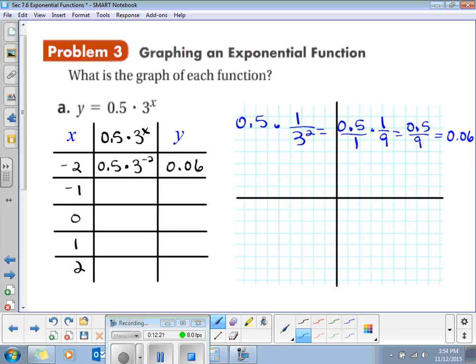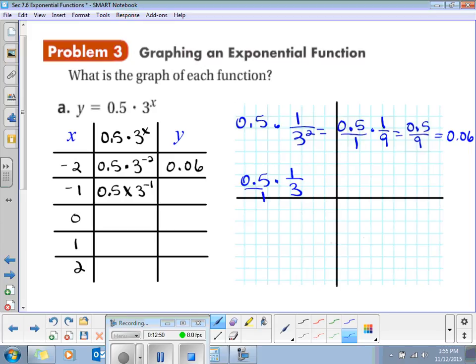Here we have 0.5 times 3 to the -1. Again, with this negative exponent we want the reciprocal. We want to flip it. And once you flip it, the negative exponent then becomes positive. So we have 0.5 times 1 over 3.